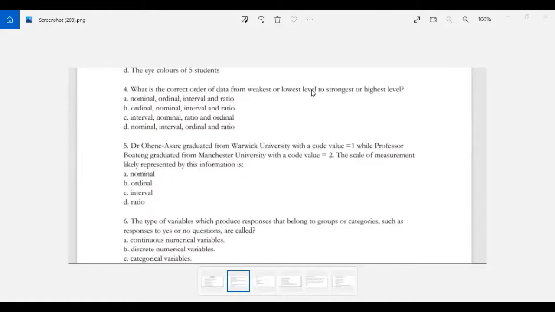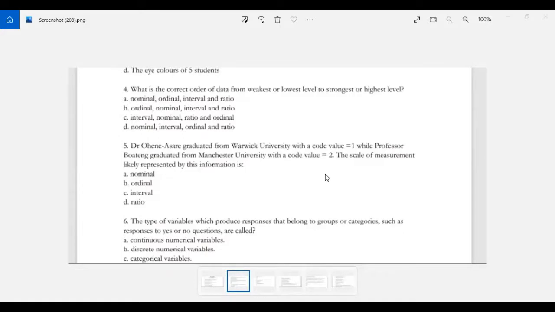So therefore, they are just representing the universities with the numbers 1 and 2. Because Professor Boateng also graduated from Manchester University with a code. So they are just coding them instead of representing them with their names. They are just coding. So shouldn't let that number deceive you.